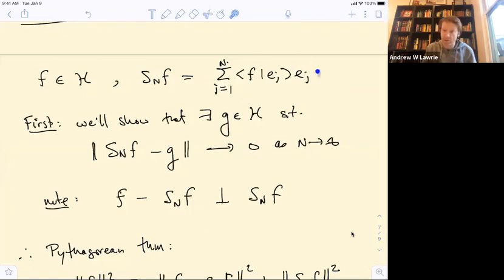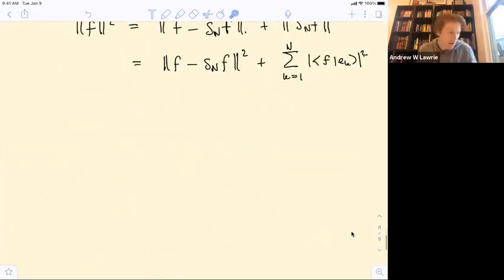Since these guys are all orthonormal to each other, when we take the norm squared, we just get the little l2 sum of these coefficients. All right, so nothing surprising there.